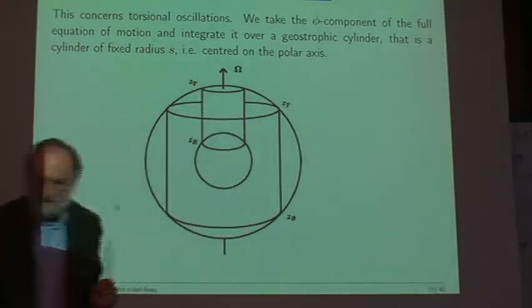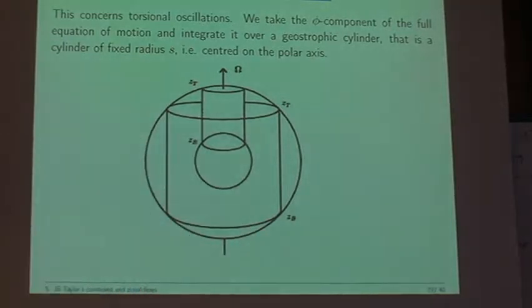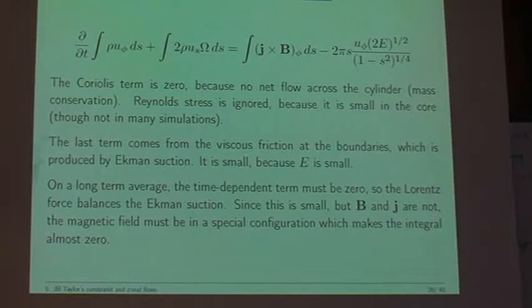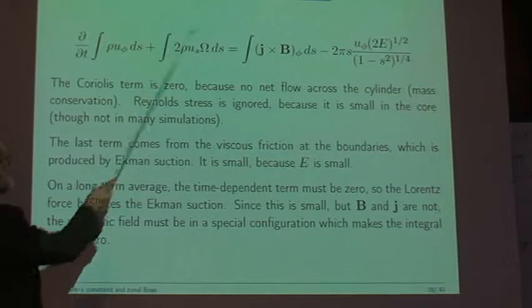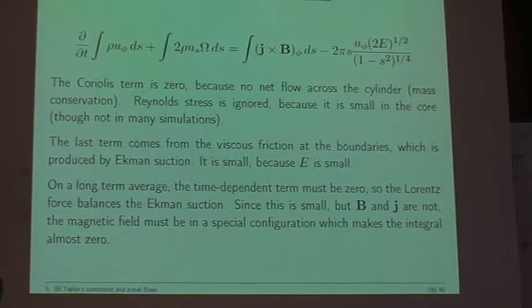And we now come to J.B. Taylor's idea. J.B. Taylor's idea was, let's integrate over that cylinder the azimuthal equation of motion. And the reason he did that was because he noticed a lot of terms disappear if you start doing that. This term is 0 because there can be no net flow across that cylinder because of mass conservation.